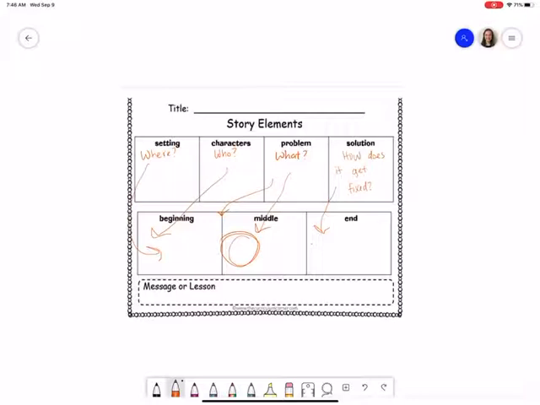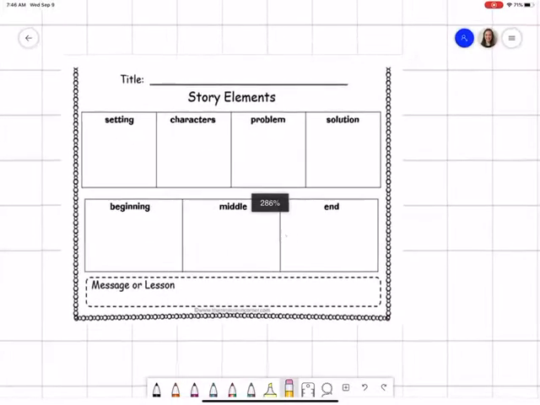And along the way, from the beginning to the end, we want there to be a message or a lesson that we learn. Maybe it takes courage to stand up to a dragon, right? That could be our lesson. Okay? So, we're going to be following that format today. And if you get stuck, you can go back and look at this.